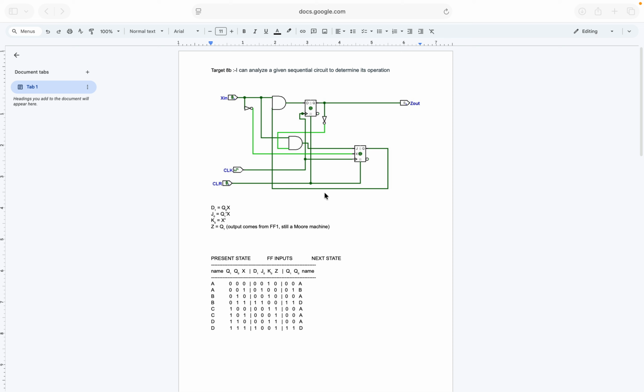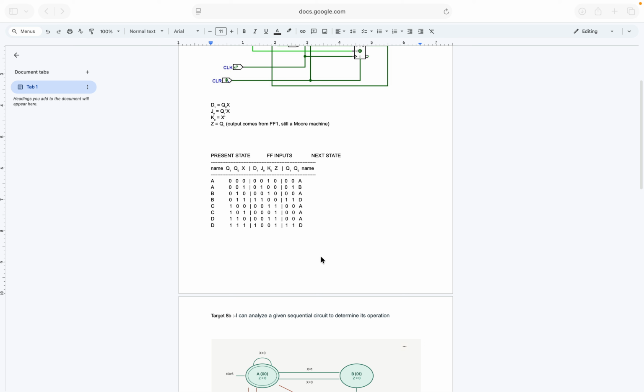Now we'll go through the state table. In state A, which is 00, if x equals 0, the next state stays A. If x equals 1, the next state becomes B, which is 01.